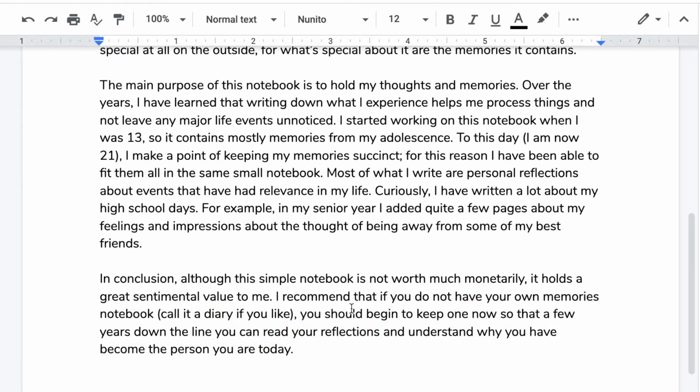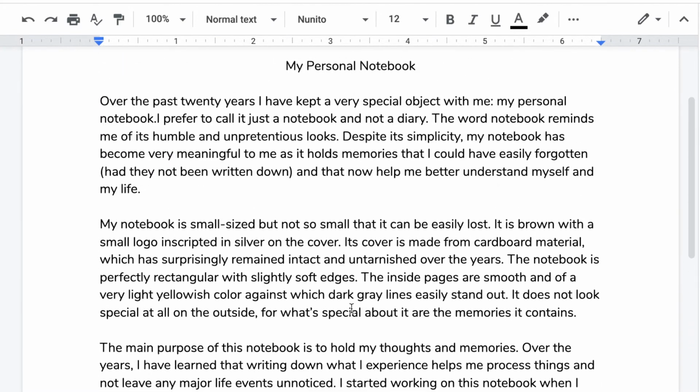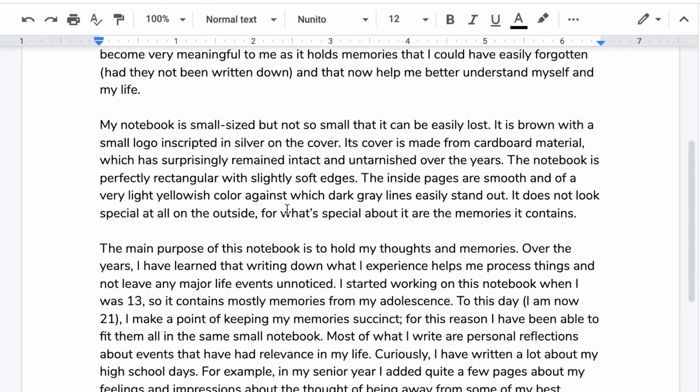Okay, so what is each paragraph about? So the first paragraph is an introduction to the writer's notebook, introduces the topic, right, and probably justifies a description. The second paragraph, or the first body paragraph, is a physical description of the diary.